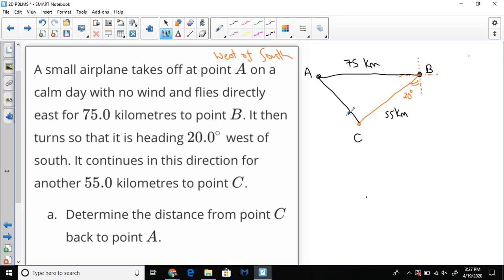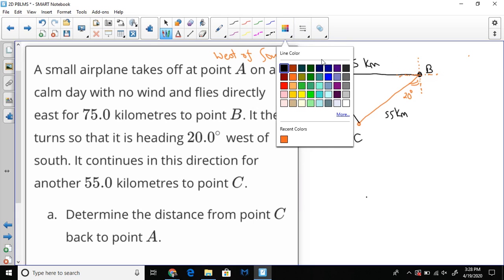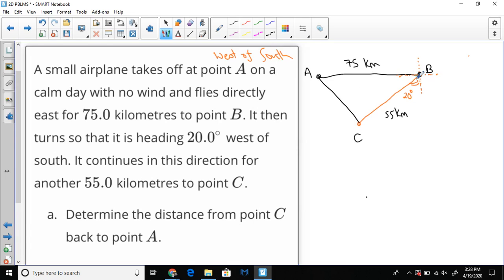Now you may be thinking, I have no angle numbers in my triangle. But this whole thing is 90 degrees. So that means that this angle measure, if this is 20, has to be 70.